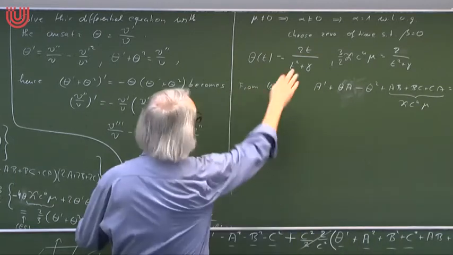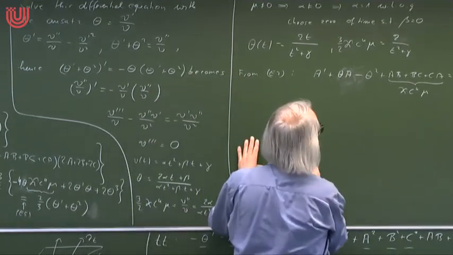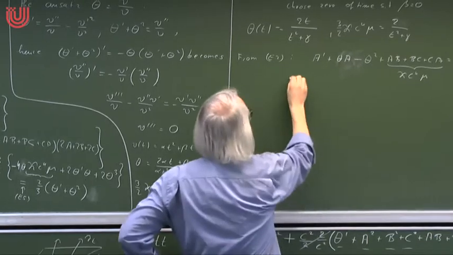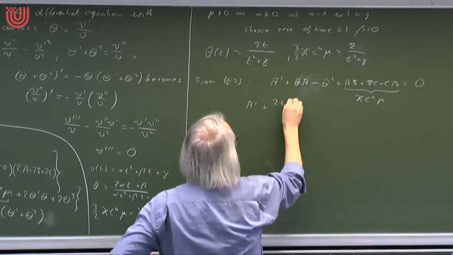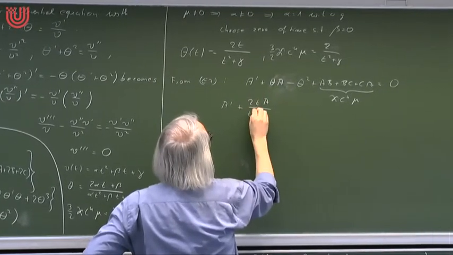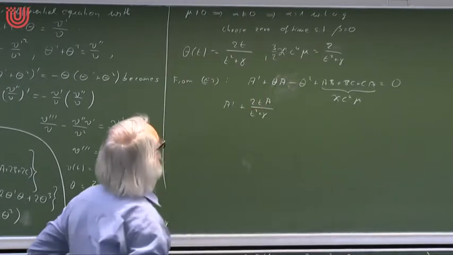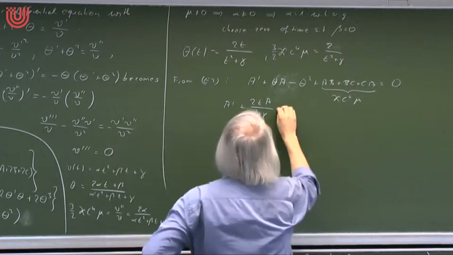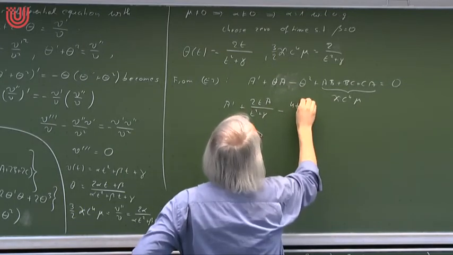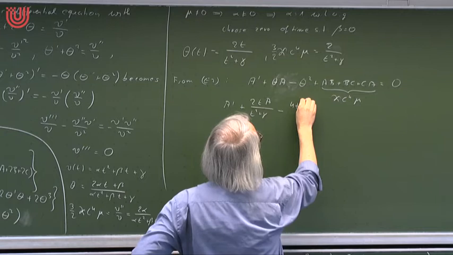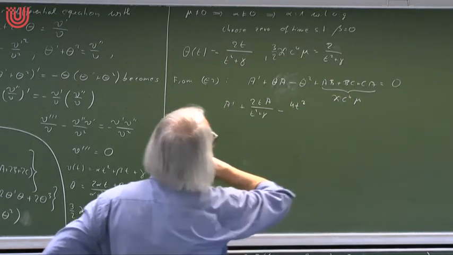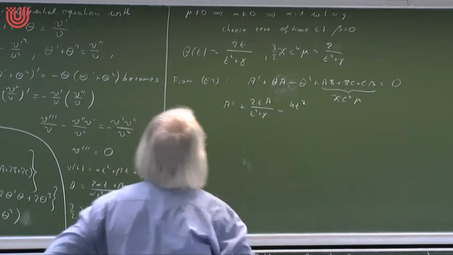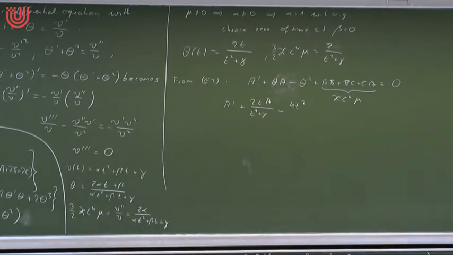Okay, and now let's insert our results for theta and mu. So we have A prime plus theta A. Theta A is 2t A over t squared plus gamma, minus theta squared, minus 4 t squared.